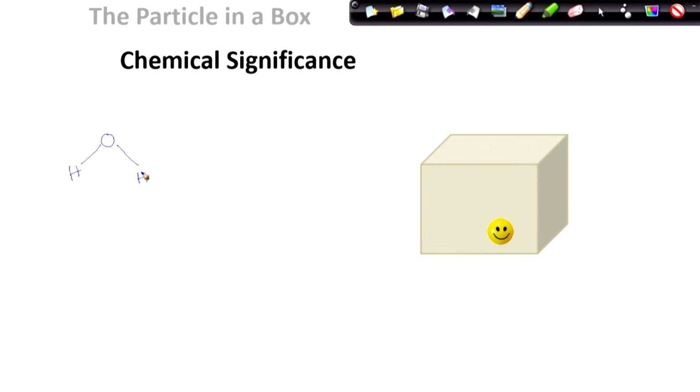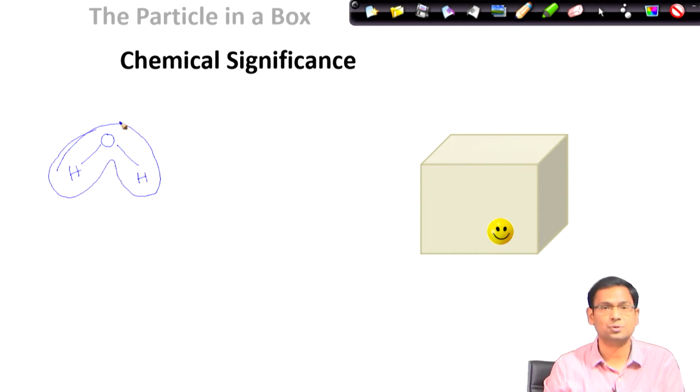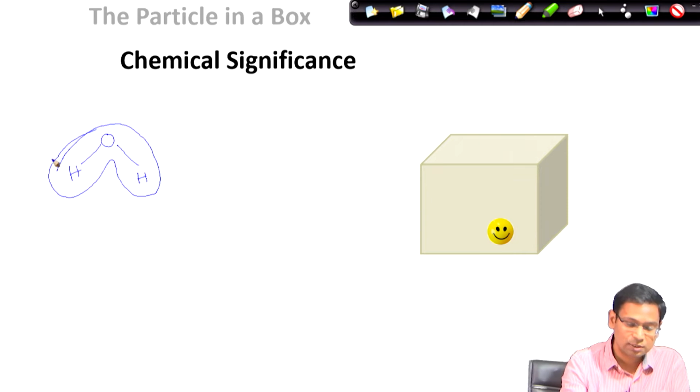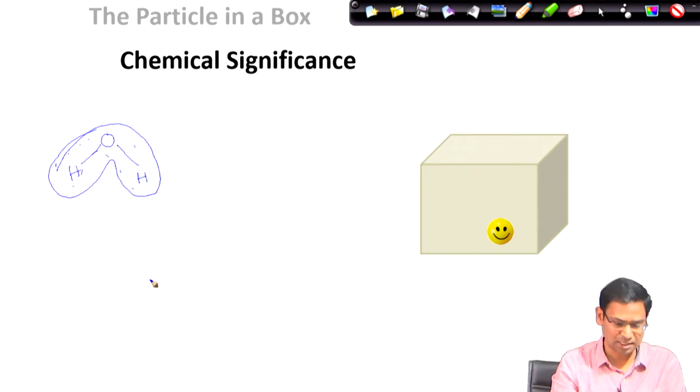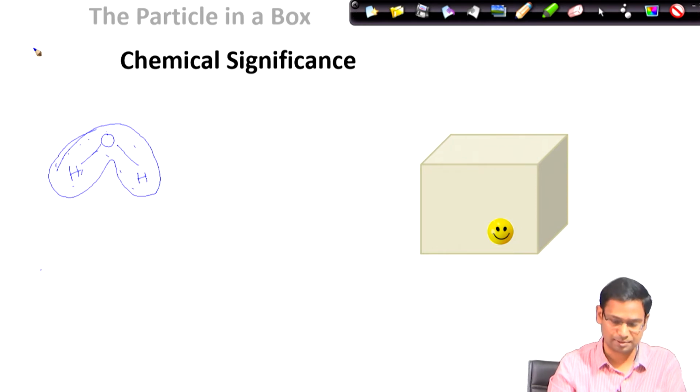In water we see that there are 10 electrons, 8 electrons from oxygen, 1 from each hydrogen, and there are 3 nuclei. These 10 electrons are restricted to the nuclear field that this water molecule produces. So, the electrons are somewhere here in this region of space, but certainly they are not here, far away from the nucleus.